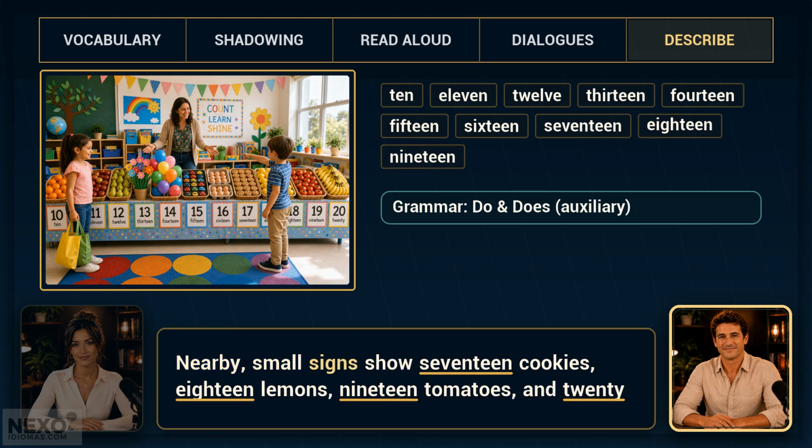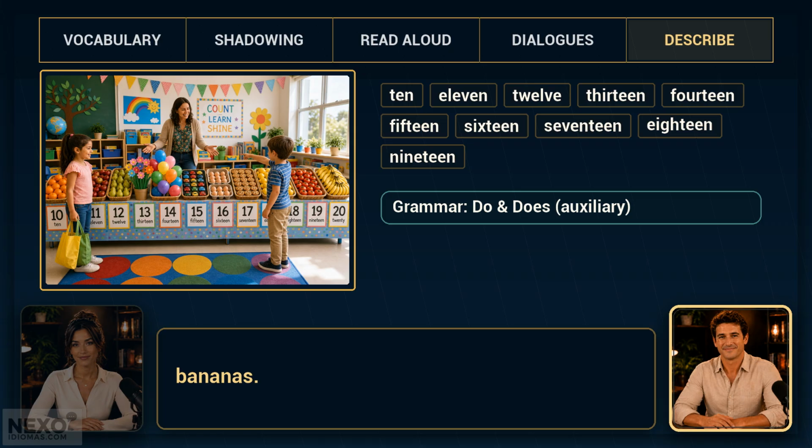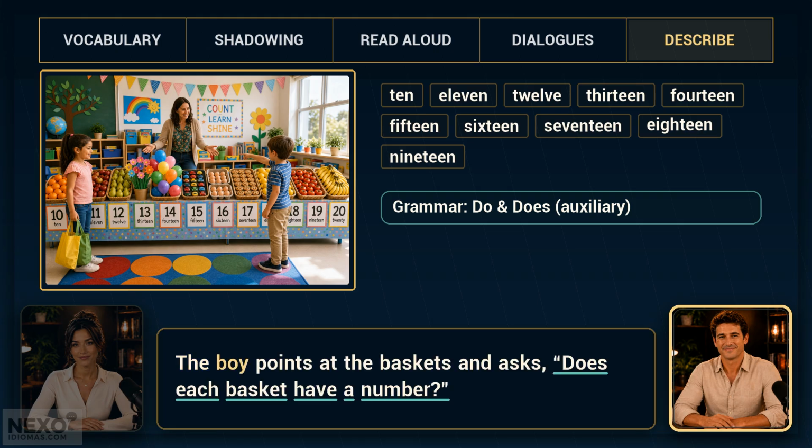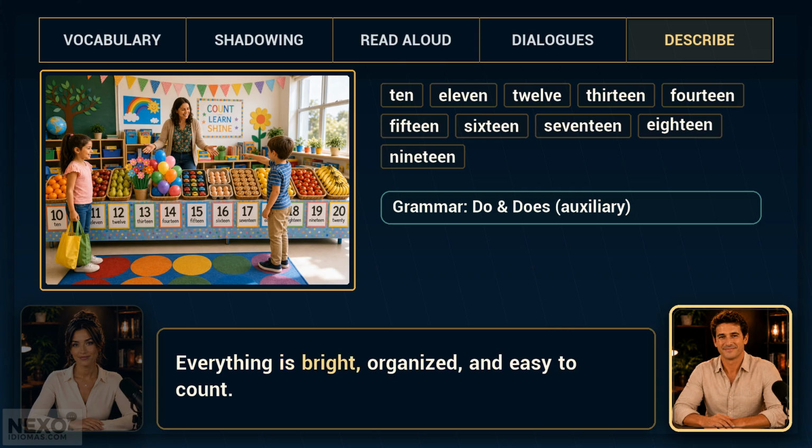Nearby, small signs show 17 cookies, 18 lemons, 19 tomatoes, and 20 bananas. The girl asks, "Do we have enough bags?" The teacher smiles. The boy points at the baskets and asks, "Does each basket have a number?" Everything is bright, organized, and easy to count.